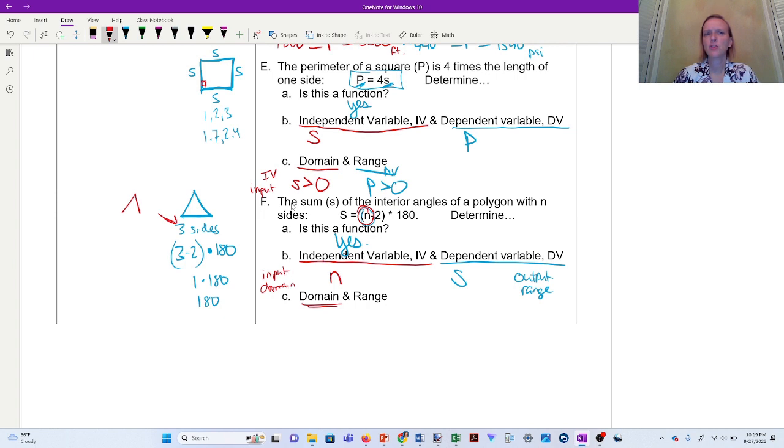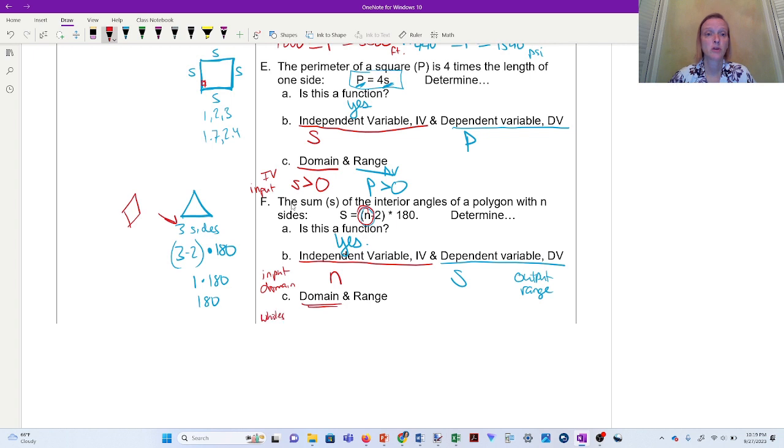Also, the number of sides has to be a whole number. I can have 3 sides, 4 sides, 5 sides, but I can't have 4.5 sides. So our domain here is going to be only whole numbers that are greater than or equal to 3.